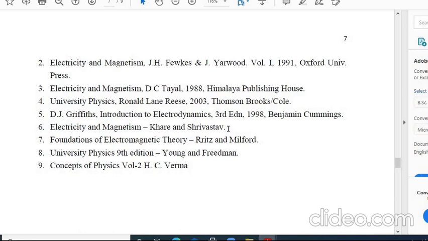You can read this book as a reference, and you may consider University Physics, Young and Freedman. This is also an important book because it gives you a large number of demonstrative experiments. So this is overall the syllabus of paper 2nd. Thank you.